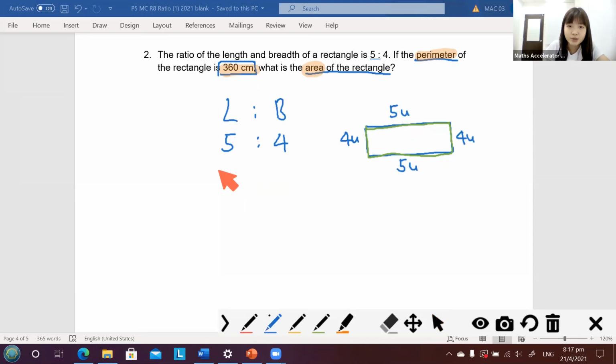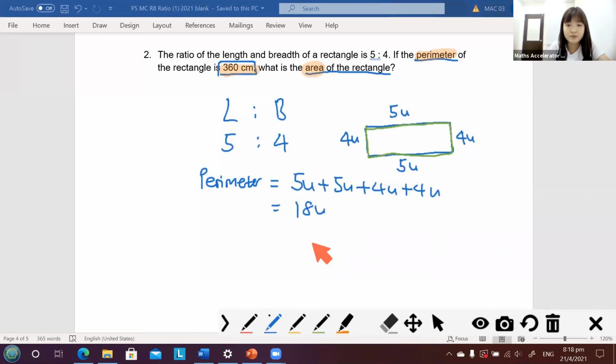So your perimeter will be how many units in total? Okay, yep, 5 units plus 5 units plus 4 units plus 4 units. Everything. Yes, 18 units. So this 18 units will be the 360 cm because they tell you the perimeter is 360 cm.